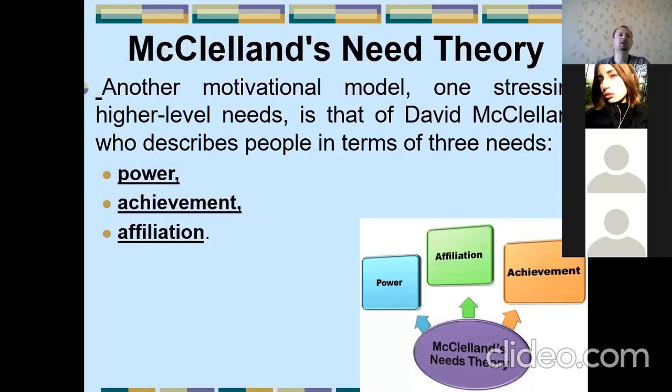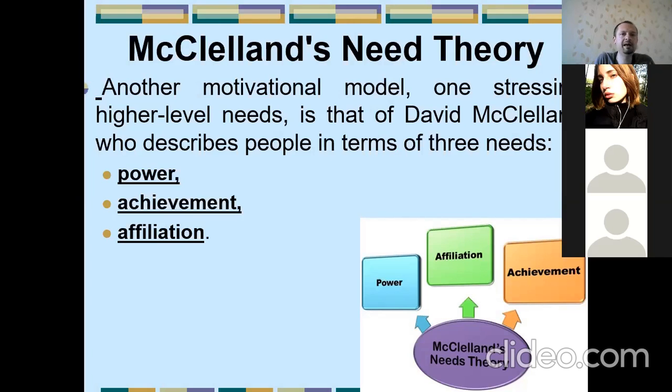The second theory of motivating, which will be discussed today, is McClelland's need theory. David McClelland decided to divide all the needs into three groups. As I told you when speaking about Abraham Maslow's theory, nowadays the situation is rather good in our society, so we don't have to analyze primary needs.